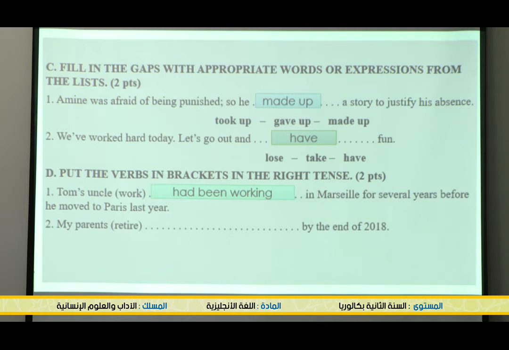By the end of 2018 means before 2018. So this event here will be completed before 2018. Okay, so which tense do you think we should be using here?